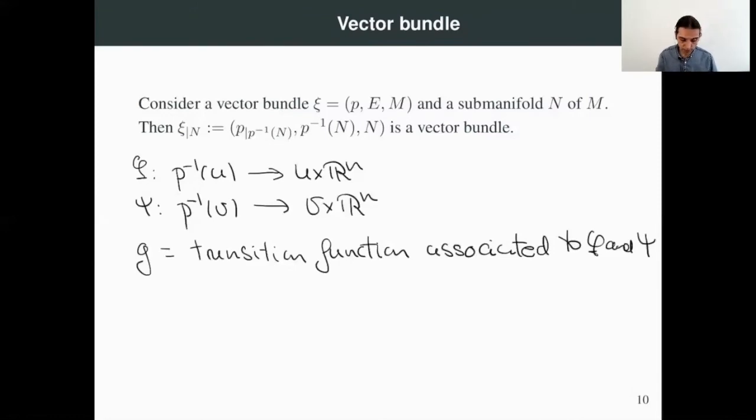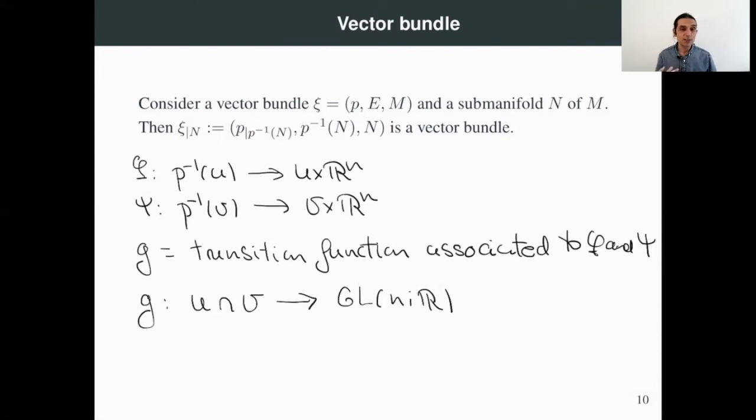And what happens is that g is going to be a function from the intersection of U and V to the linear group. Indeed, for instance, if we are considering the C-infinity situation, in which everything is infinitely differentiable, this transition function is C-infinity.